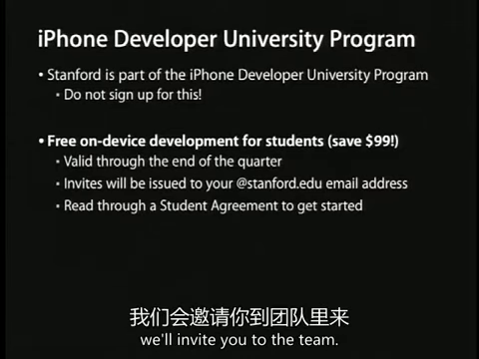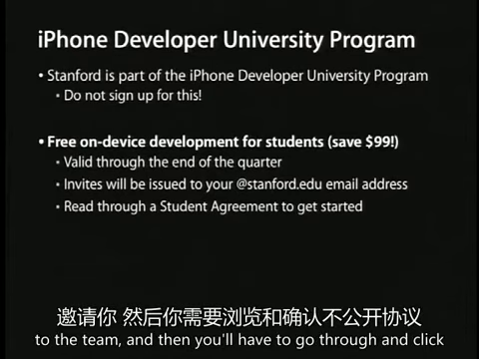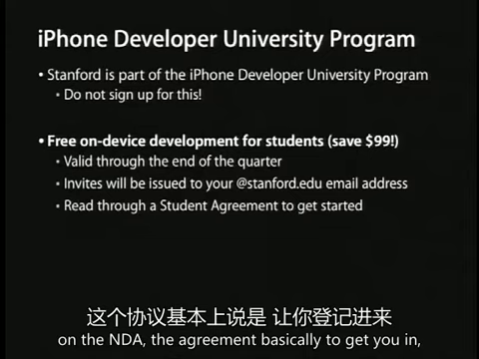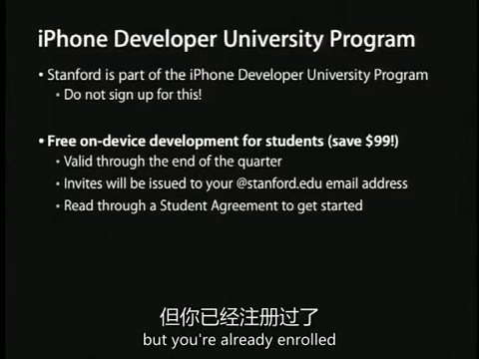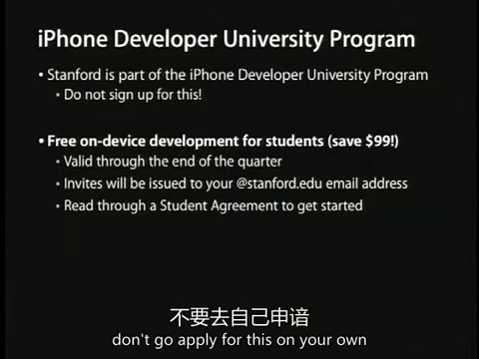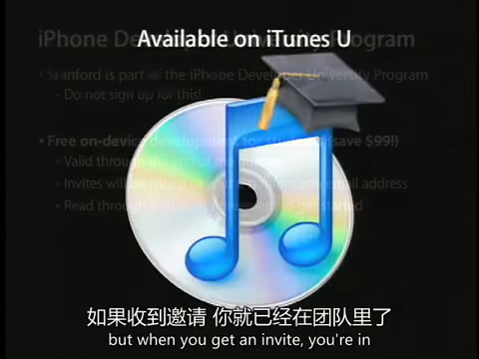Once we determine who's enrolled, we'll invite you to the team, and then you'll have to go through and click on the NDA, the agreement, basically, to get you in. But you're already enrolled, so don't go apply for this on your own. Stanford's already done this, but when you get an invite, you're in.